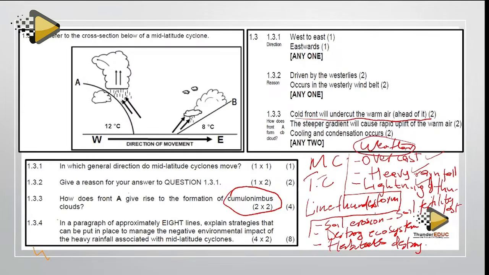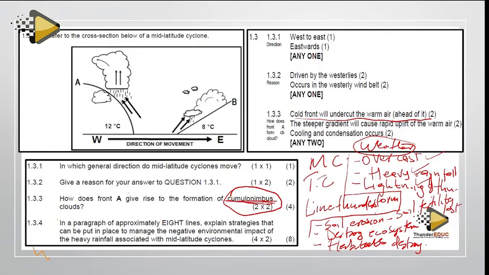And these weather conditions will be experienced because these weather systems have the same type of clouds. So I was just trying to link all three weather systems that we have studied with the development of cumulonimbus clouds.